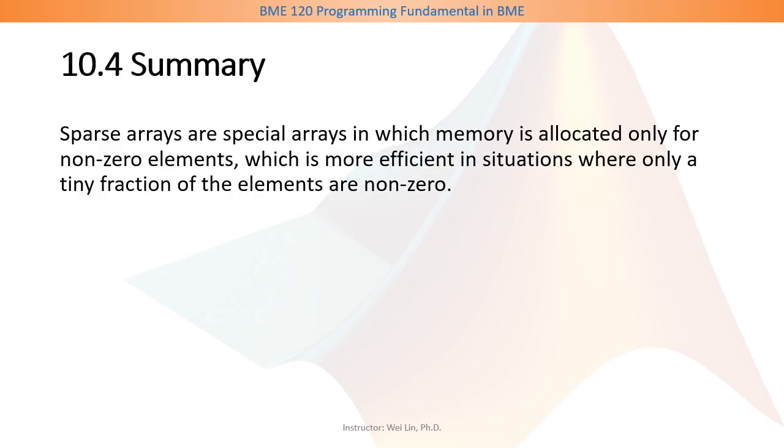Here is a summary. We discussed the sparse array. Basically, it's a special type of array in which most of the elements are zeros. And there's a special way to store the sparse array: we store the non-zero elements with their index.